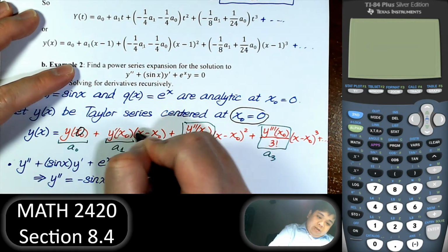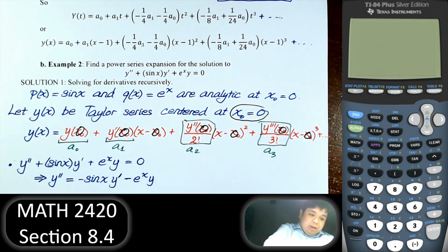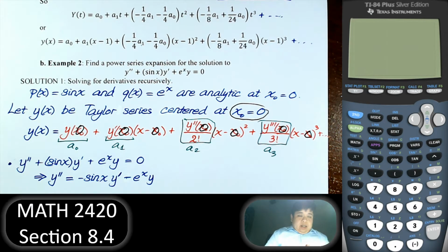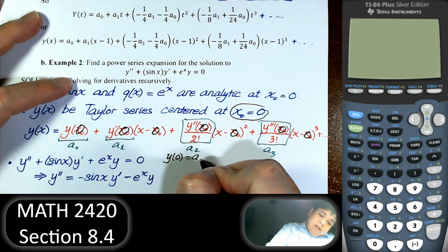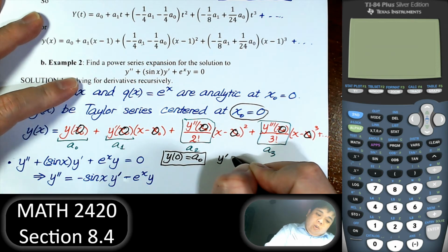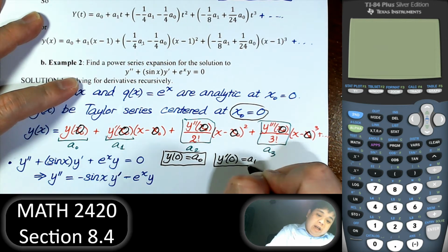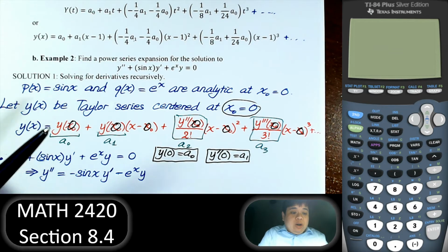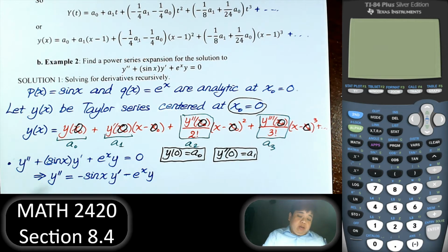So, in this particular case, we have y of 0 is equal to a naught, the first coefficient, and the y derivative at 0 is equal to a1. If this were given as an initial value problem, then we would have a0 and a1. We are not given them, so we just have that.